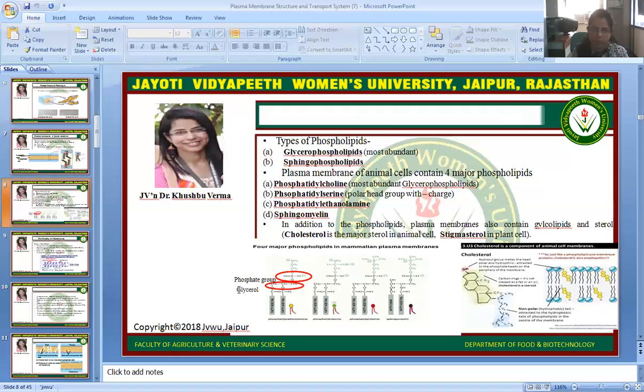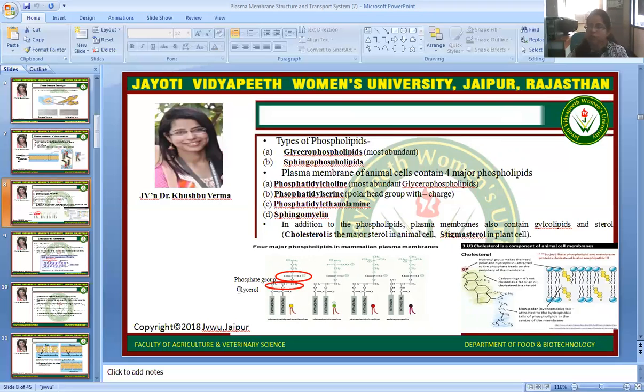Sphingophospholipids are also present. The plasma membrane of an animal cell contains four major phospholipids. First is phosphatidylcholine, the most abundant glycerophospholipid. Second is phosphatidylserine, a polar head group with negative charge. Third is phosphatidylethanolamine, and fourth is sphingomyelin.